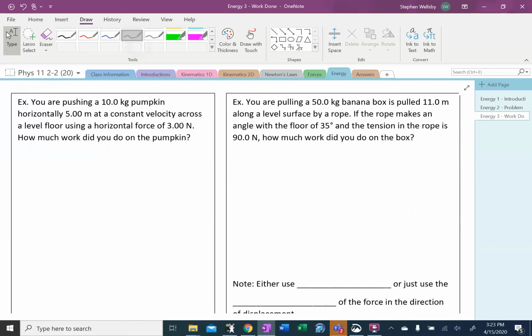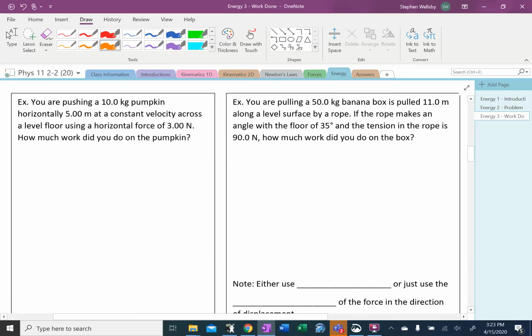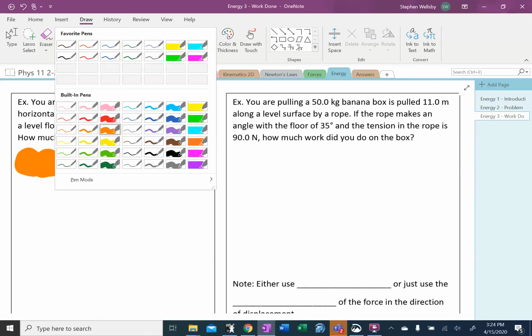So number 1, we've got you are pushing a 10 kilogram pumpkin horizontally 5 meters at a constant velocity across a level or horizontal surface with a force of 3 newtons. So here's my pumpkin here, and here we go, add a little stem to it.